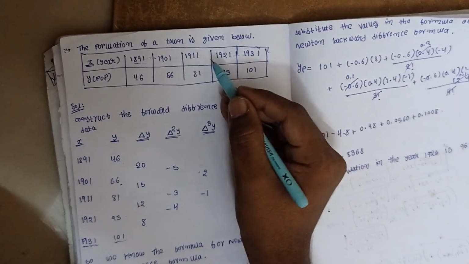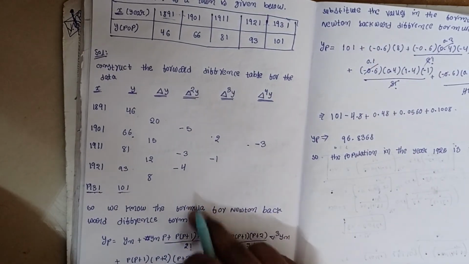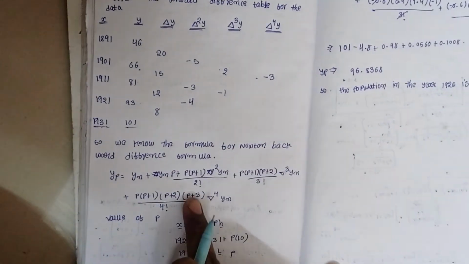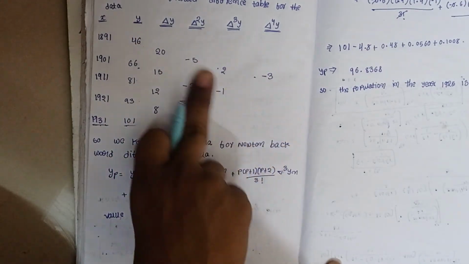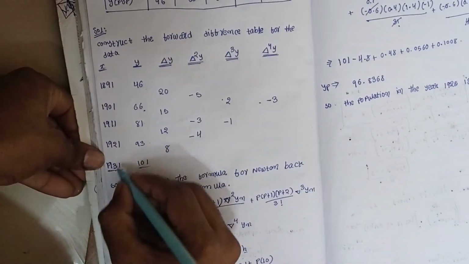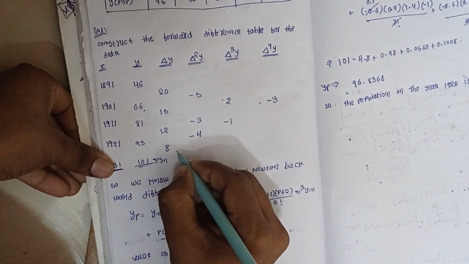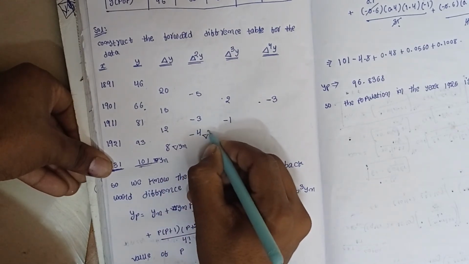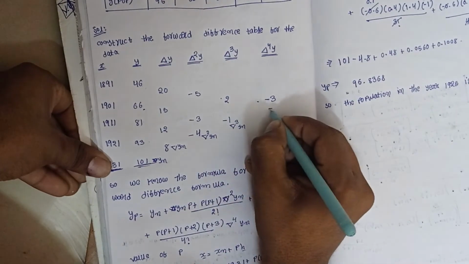For the backward difference formula, we simply substitute the values of p and the delta values from the table: this is yn, del yn, del square yn, del cube yn, and del power 4.